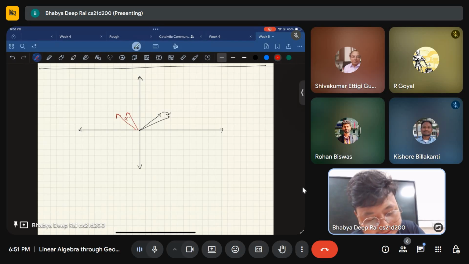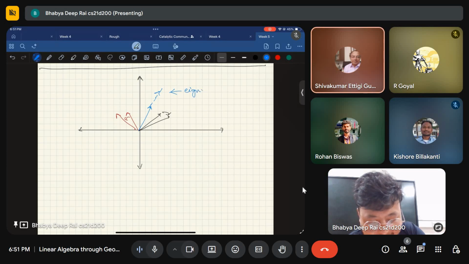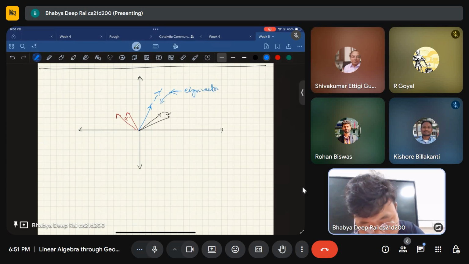If it so happens that it shifts this blue vector in the same direction, then this is a special case, and this is what is called an eigenvector. The original guy is called an eigenvector, and the amount of scaling that happens is k.